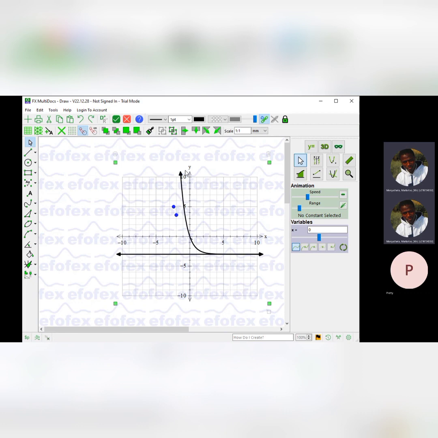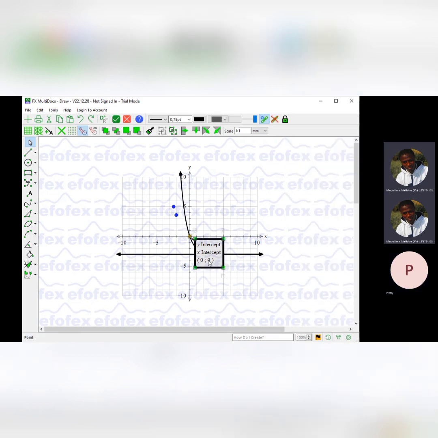It comes closer to the line, but it doesn't touch it. The only thing remaining is for you to add your points. Here you will say it's 0 and 0.